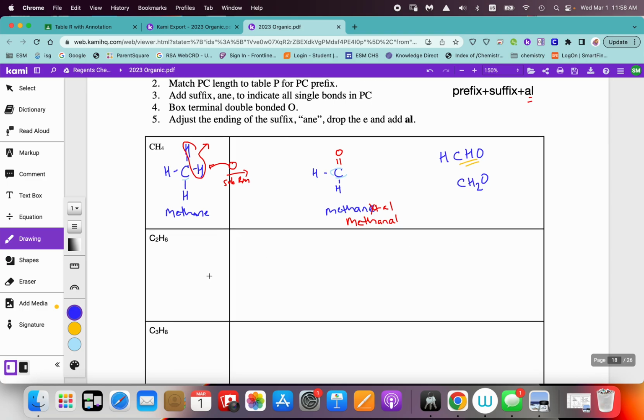Let's just look at one more example. So right here, C2H6, we're going to start with a simple hydrocarbon whose parent chain is made up of 2 carbons, and each carbon gets its 4 bond fulfillment by adding 3 hydrogens to it. And so we know this as ethane.